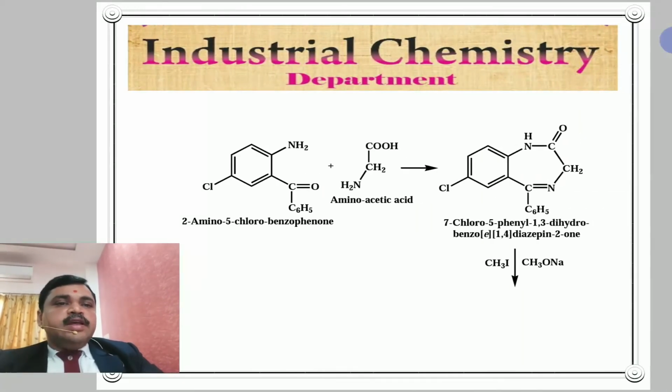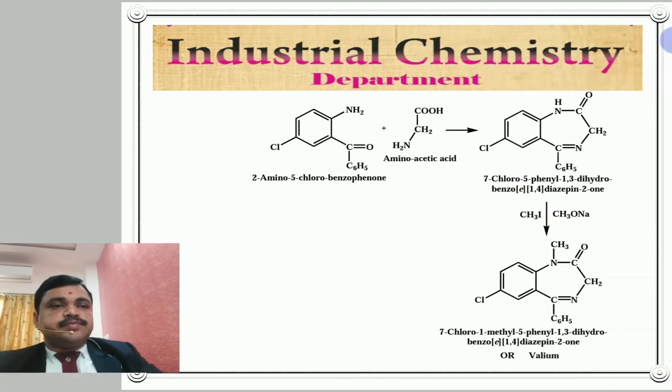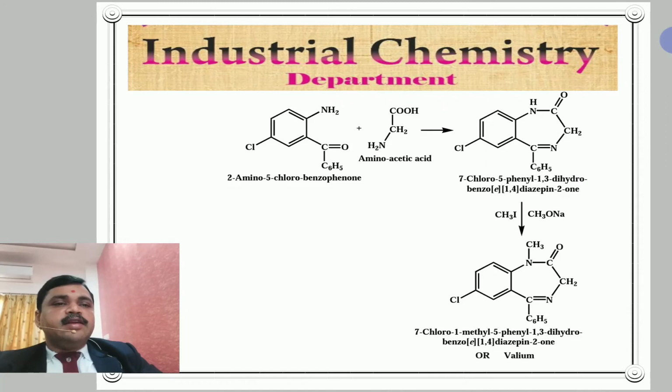Now this diazepine derivative, that is 7-chloro 5-phenyl 1,3-dihydrobenzo[e] 1,4-diazepine 2-one, is treated with sodium methoxide, CH3ONa, and methyl iodide, CH3I, and gives our final product Valium.